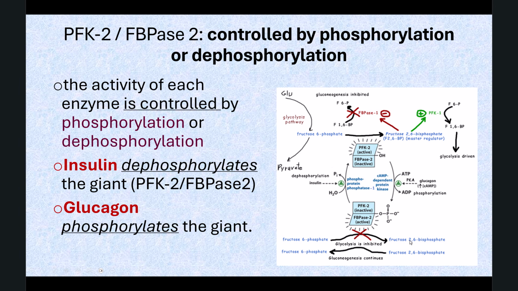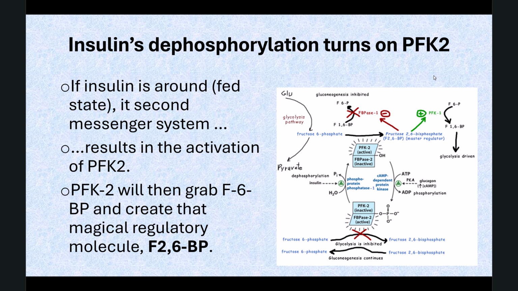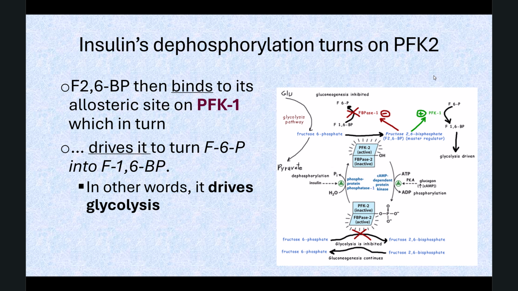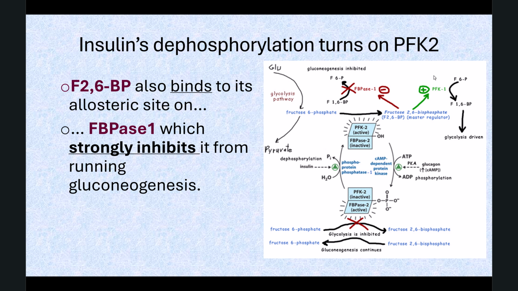In fact, you take it and you put it back where it came from, fructose 6-phosphate. See how that works? That is the giant enzyme explained the best I can explain it. And this is everything I said already, so I don't think I need to talk about it again. I'll go slow if you want to read through the slides. But yeah, everything I said.